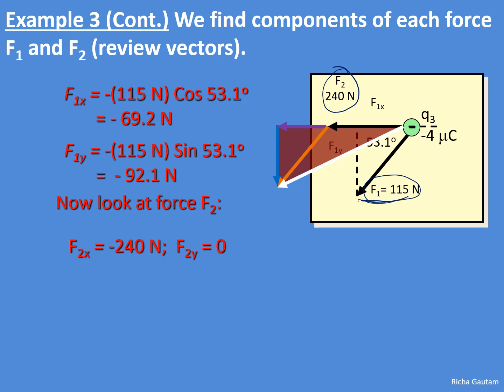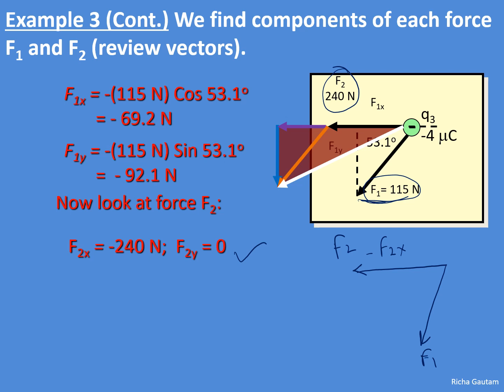Again, if I show you, my F2 is here and F1 is here. F2 is on the x-axis, it has only the x component, and the y component is 0. It is on the negative x, so it is a negative number.